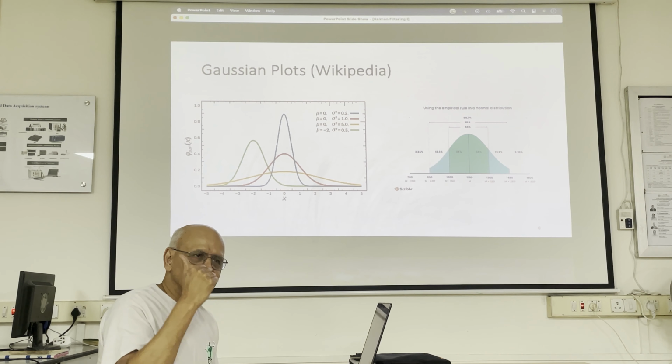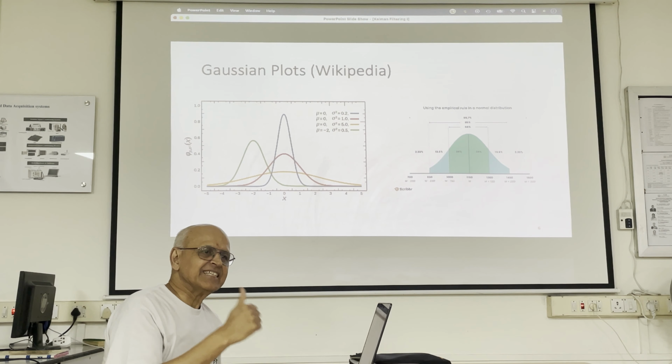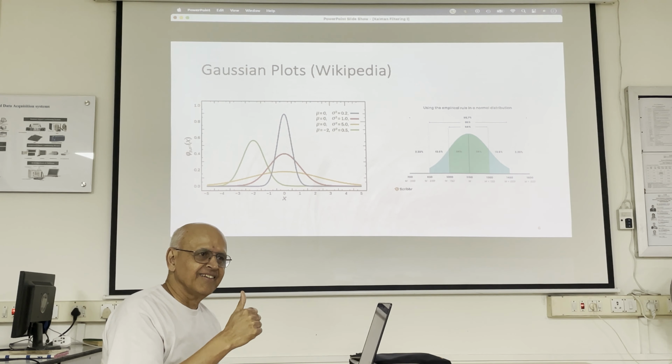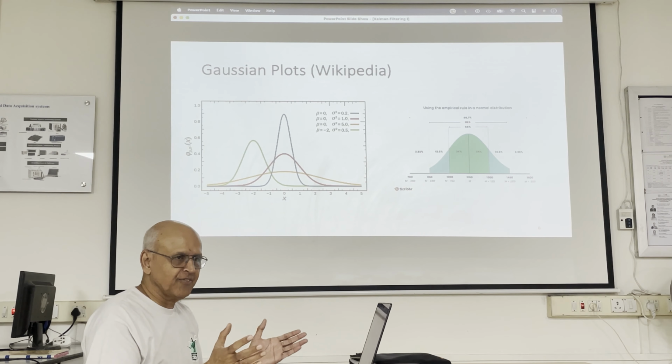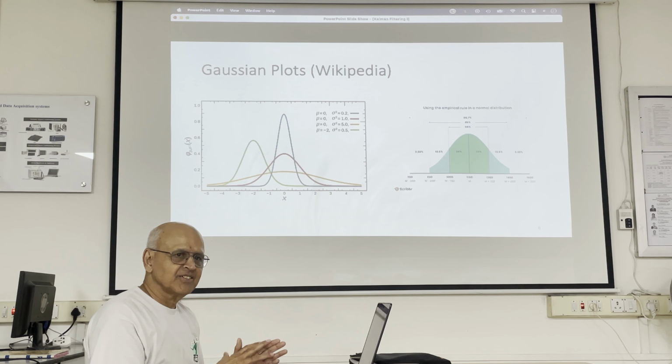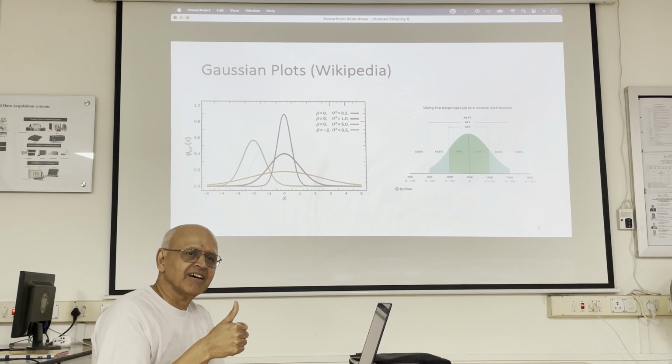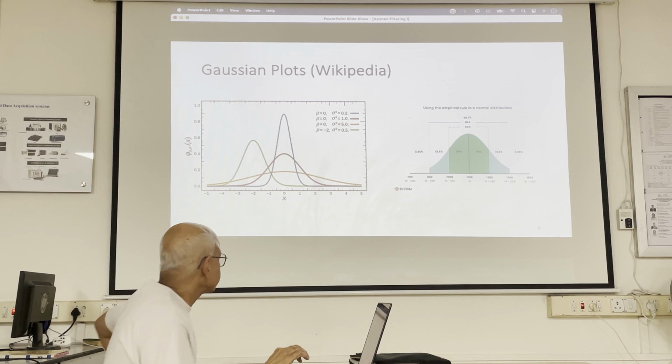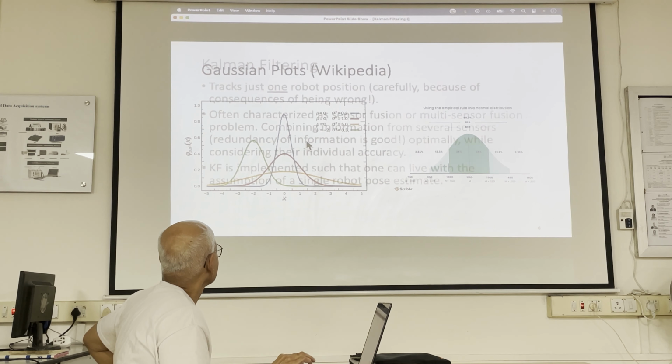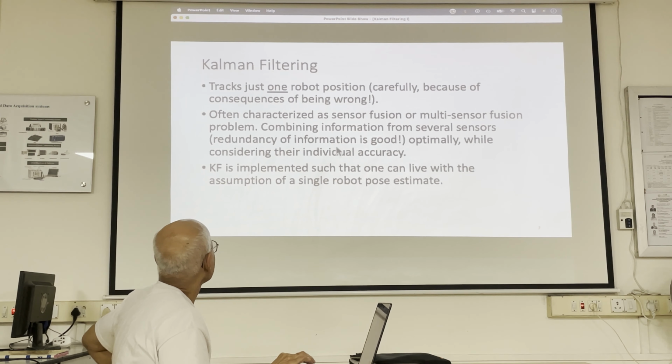They rely on a single Gaussian because they are sure they will not let odometry fall apart. So you have to get that GPS refresh before the odometry falls apart. And then you're okay. You can manage with just one position. So it tracks just one robot position carefully, because if you're wrong, you're in trouble.